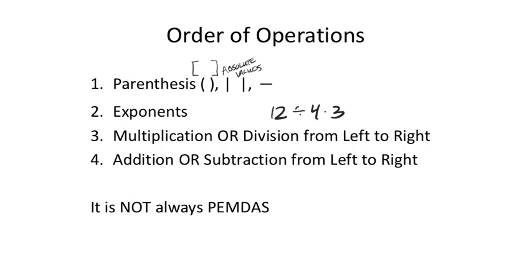Like this. And students will usually do the 4 times 3 first because of PEMDAS, all right? Which you shouldn't do because it's either multiplication or division, scanning from left to right. So from left to right, see the division is first on the left. You have to do the division first, not the multiplication.